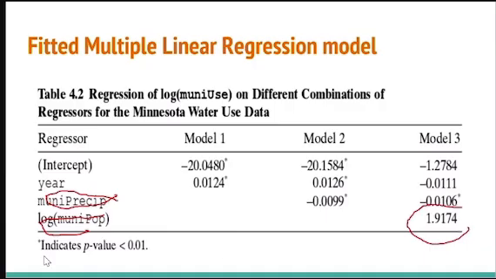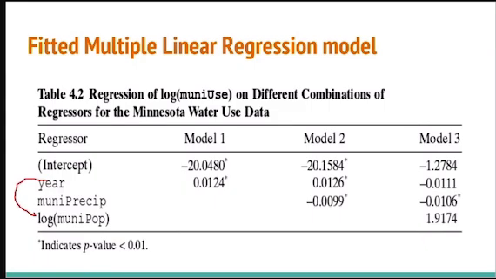The reason why it's not significant is because the year and the municipal population are giving the same statistical information. They are correlated. When two variables in a model are correlated, it could be problematic to the model. In one of the classes, we're going to discuss multicollinearity. It's a problem, but I'm not going there.